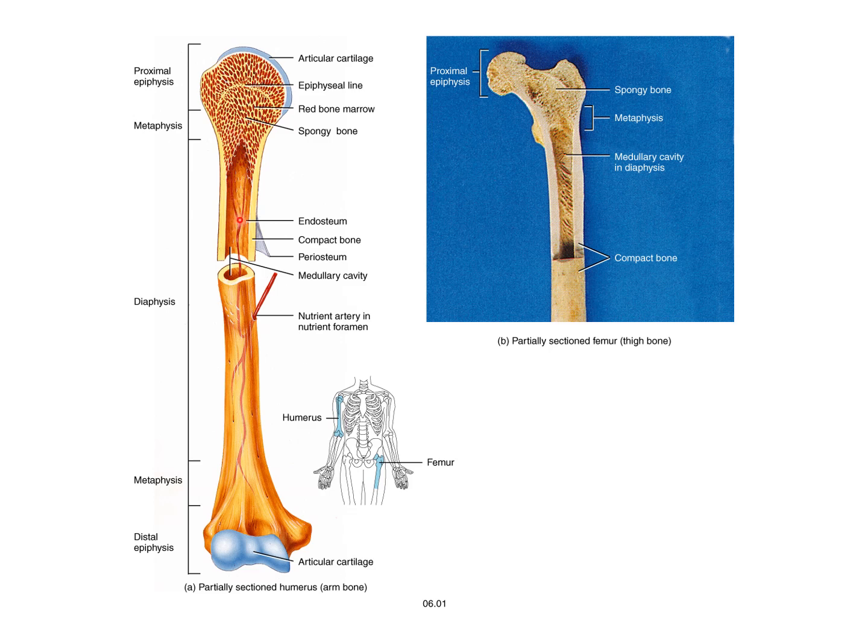Growth in bone length occurs at the epiphyseal growth plate, but when the bone stops growing in length, the epiphyseal plate becomes ossified, and then it is called the epiphyseal line.